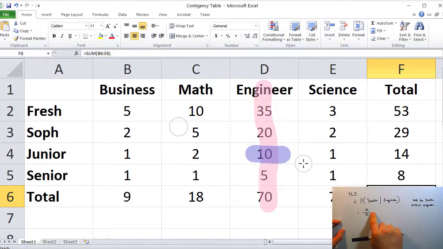This is indeed and simply our final answer. It is now just a matter of reducing that fraction to 1 out of 7. And that's how we apply conditional probability in a contingency table like this.